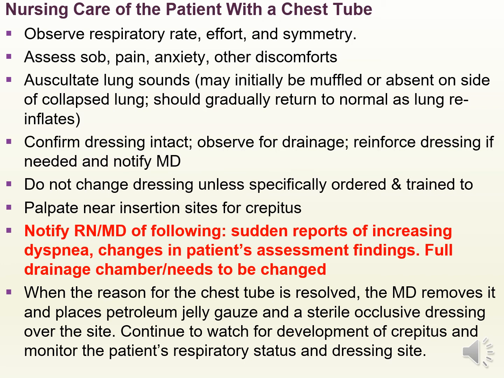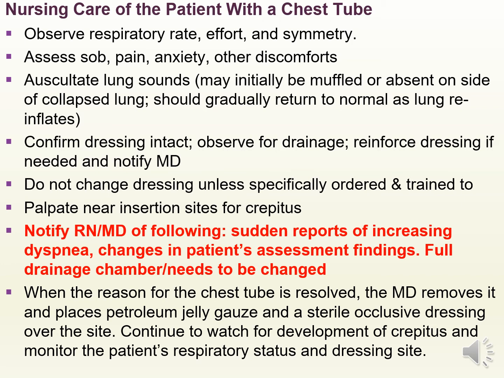Do not change the dressing unless you're specifically ordered and trained to do so. Palpate near the insertion site for signs of crepitus. Remember, that's going to be that snap, crackle, pop that you feel underneath the skin from possible leakage of the chest tube or some other reason. Notify the doc or the RN immediately if the patient suddenly reports increasing shortness of breath or some other change in the patient's status.